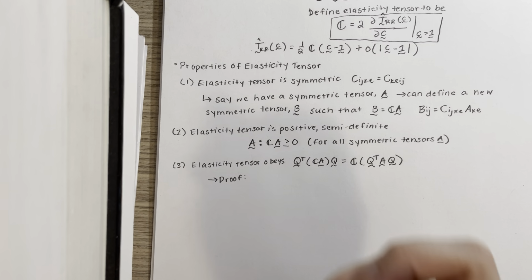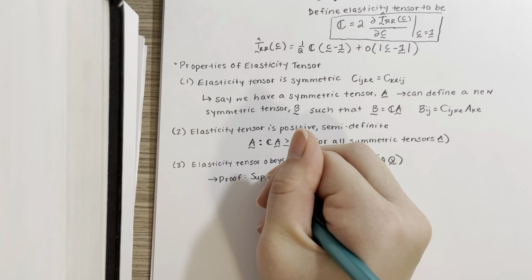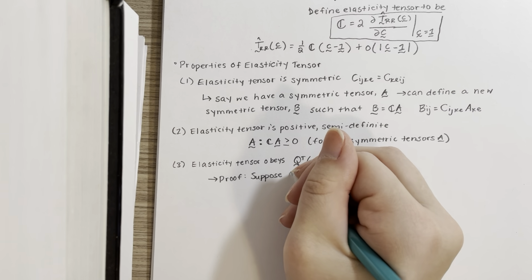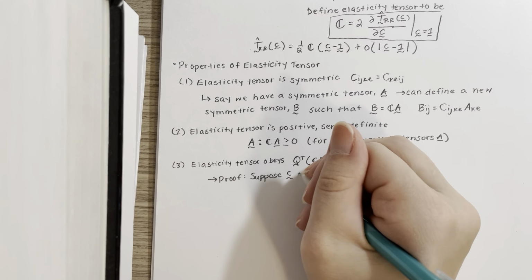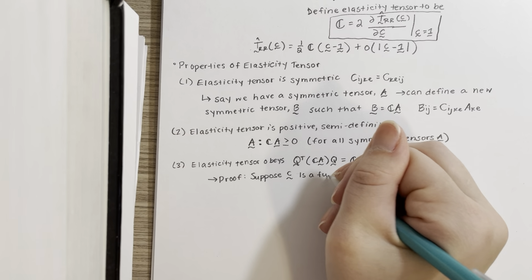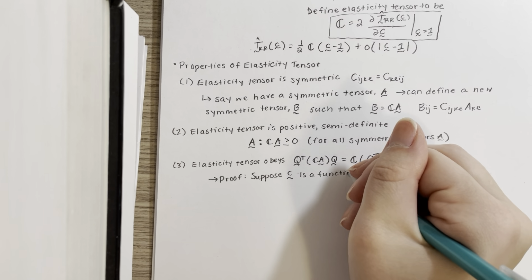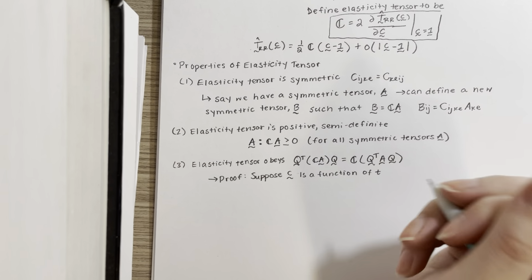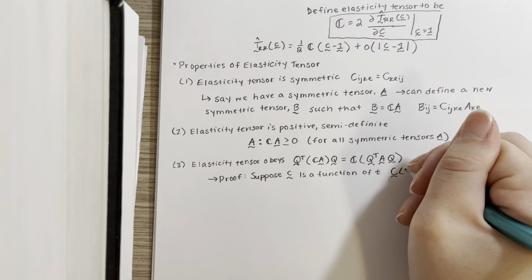So suppose our right Cauchy-Green tensor C is a function of t. So we have C as a function of t.